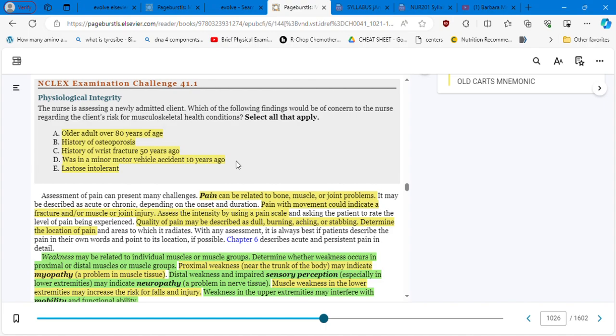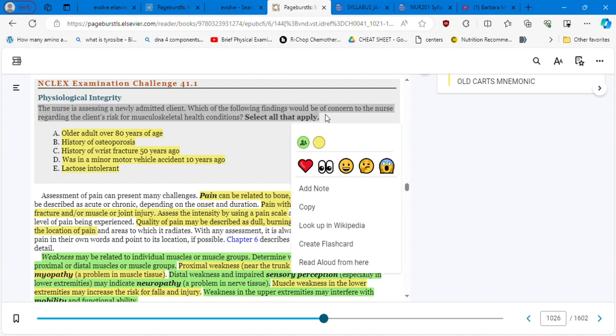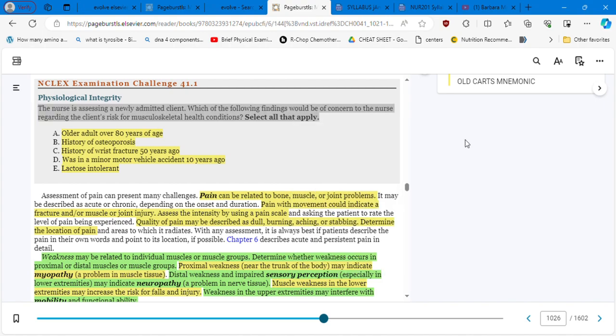However, at that moment you didn't develop any condition, but with the years, right, it's going to cause a disease. Lactose intolerant, yes, you are not getting your dairy products. So all of them are a risk for musculoskeletal health condition.